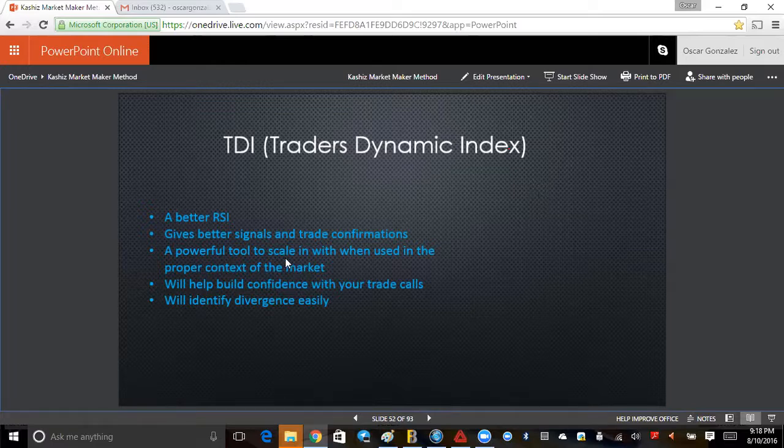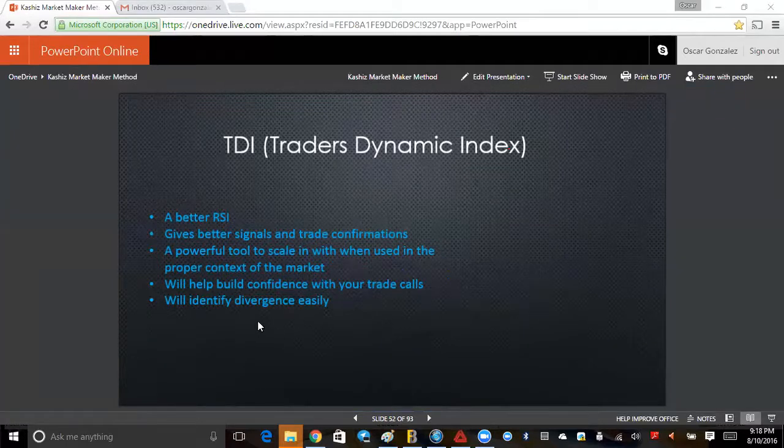I'll explain what I mean by scale in. It will help build confidence with your trade calls, and will help identify divergence easily. For those who know divergence, it's not going to be a big deal. And the TDI is already set on a 21 period on the template I sent you, so you don't have to worry about that.